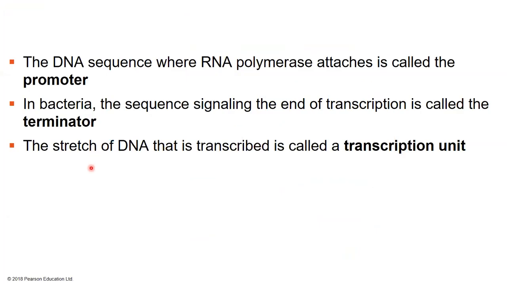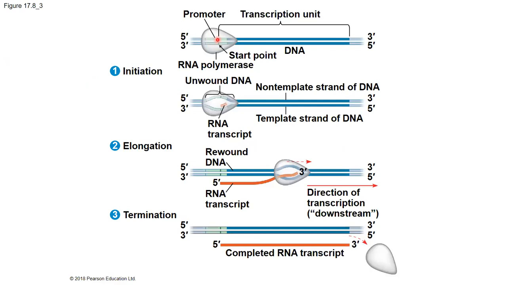All right, let's look at some concepts. We have the promoter, terminator, and transcription unit. The promoter is the region where the RNA polymerase will bind. It's a sequence of DNA that is recognized by the RNA polymerase and other proteins called transcription proteins.